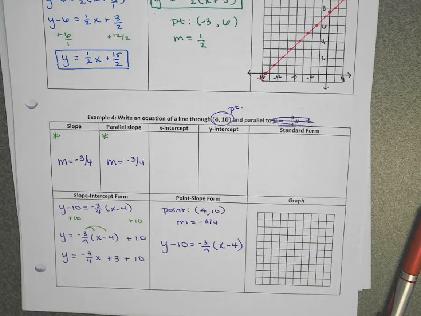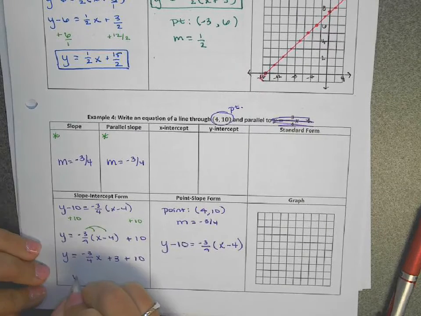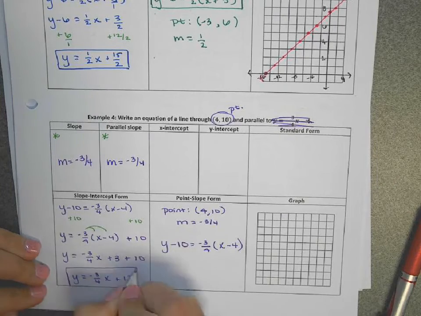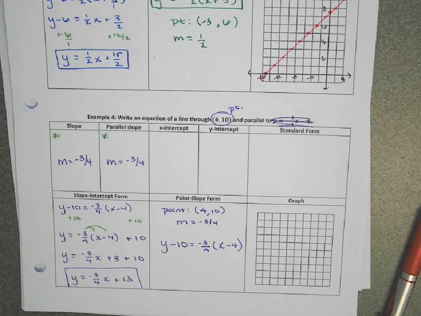Okay, then what? It's looking a little better. Go ahead, what do we do next? Combine like terms. There you go. Y equals -3/4 x plus 13.